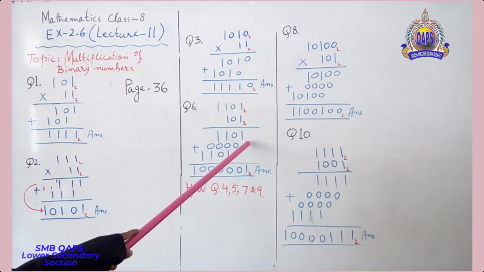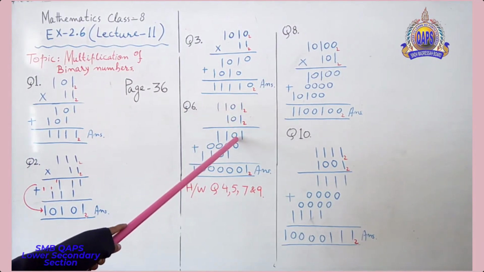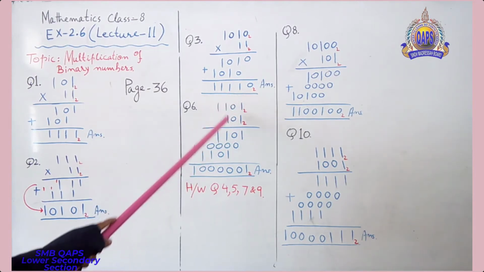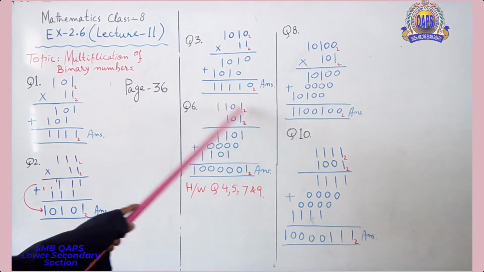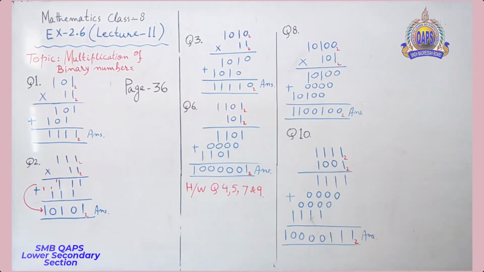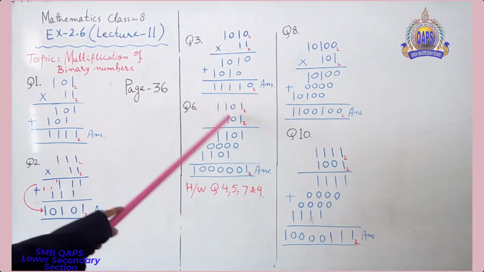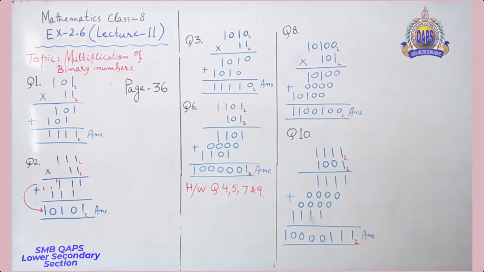1 ones are 1, 1 zeros are 0, 1 ones are 1, 1 ones are 1. Finish. Now multiplication of 0. If you multiply any digit by 0, it will be 0.